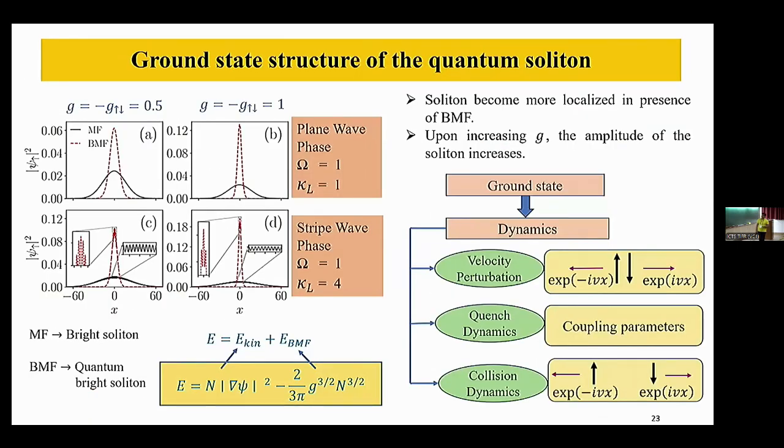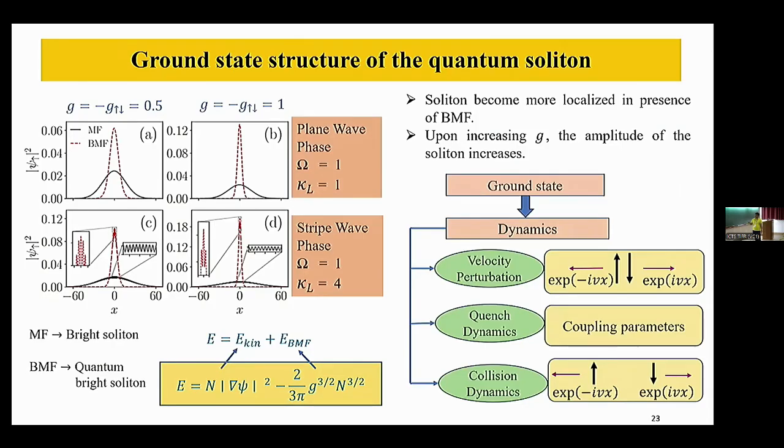So with this, we basically analyze some sort of dynamics present in the system, and the main purpose of using the dynamics was to get an idea whether the state that we are getting is a stable one or an unstable one. So for that we give different sorts of perturbation. First we get the ground state, and then we give a velocity perturbation by conserving the momentum of the system.